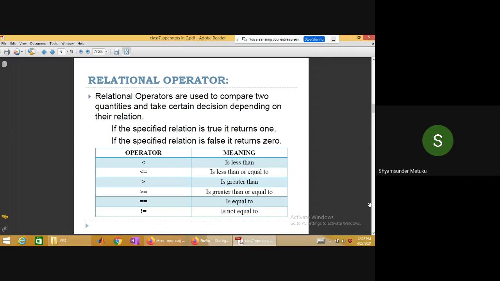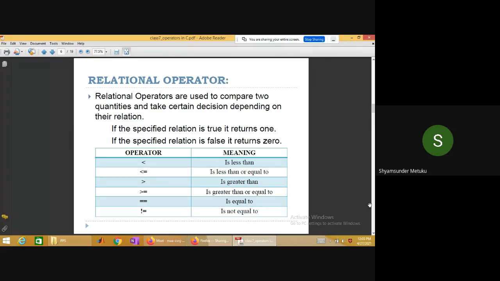So here the various relational operators are: less than, which we know, and then a combination, less than or equal to. It is a combination of assignment as well as comparison. If you are comparing two values, either less than or equal to, anything is okay. Then there is greater than, then greater than or equal to, then equal to.